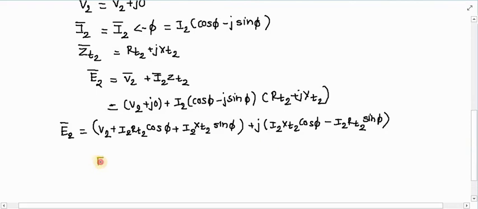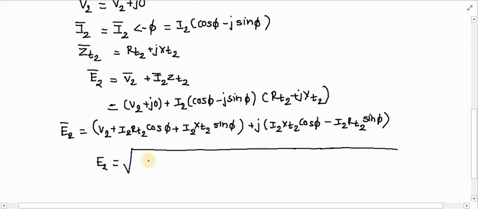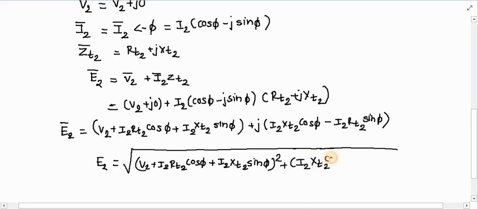Hence from the above equation we can write E2 as again equal to the square root of V2 plus I2 RT2 cos of phi plus I2 XT2 sine of phi, whole square, plus I2 XT2 cos of phi minus I2 RT2 sine of phi, whole square.